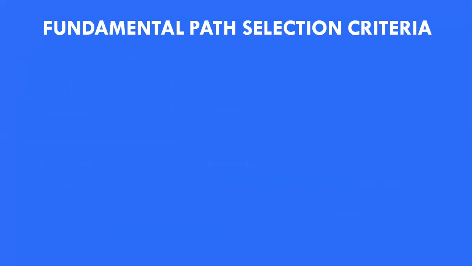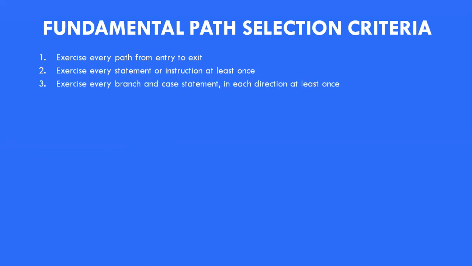For complete testing, we have to exercise every path from entry to exit, exercise every statement or instruction at least once, and exercise every branch or case statement in each direction at least once.